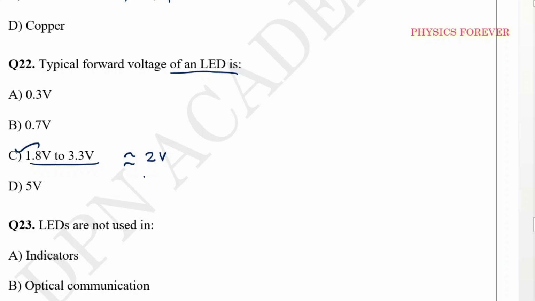The LED forward voltage is approximately 1.8 to 3.3 volts, so not less than 1.8 and not greater than 3.3, but some books use only 2 volts. The LED operates between this voltage range depending upon the color, so it will definitely vary with the color.